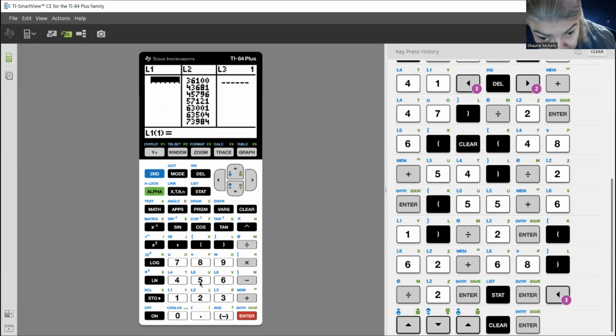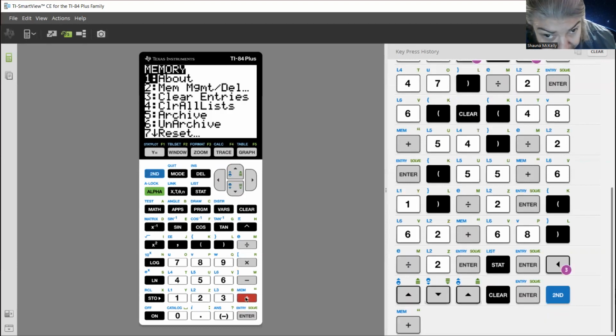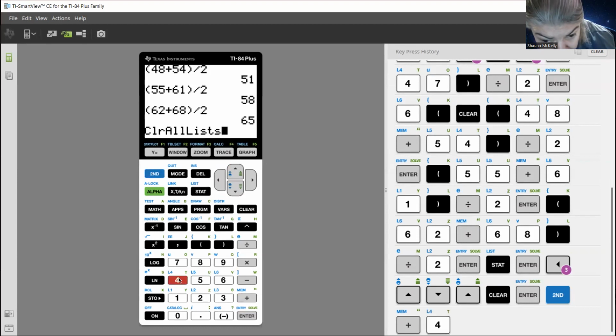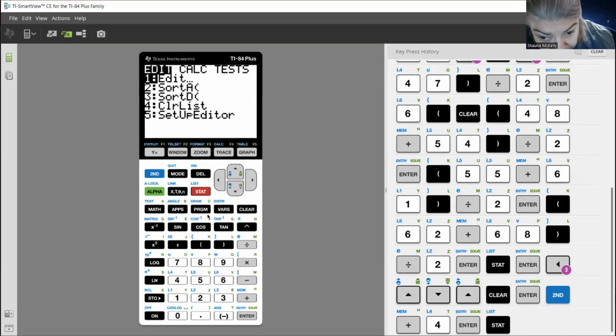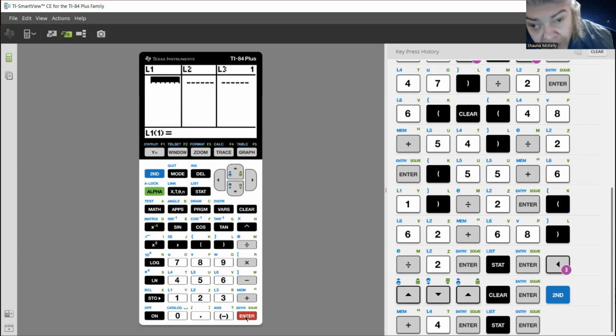I only had 2, but you can also use second, then memory, which is on top of the plus sign, second memory, and go to number 4, clear all lists. We'll say done, and it will clear all your lists for you at one time. Okay, so either clear enter from the list name individually, or second memory, clear all lists, number 4, enter to clear everything at once.